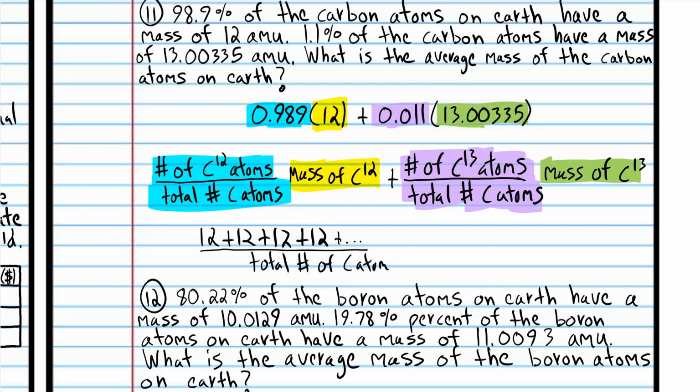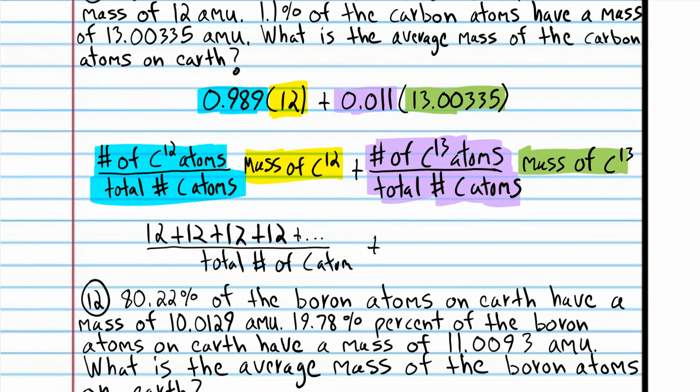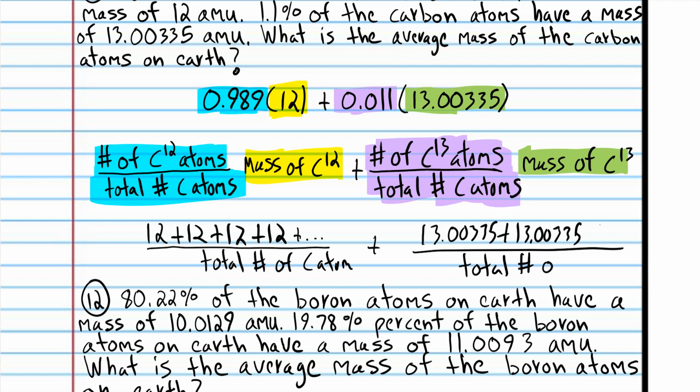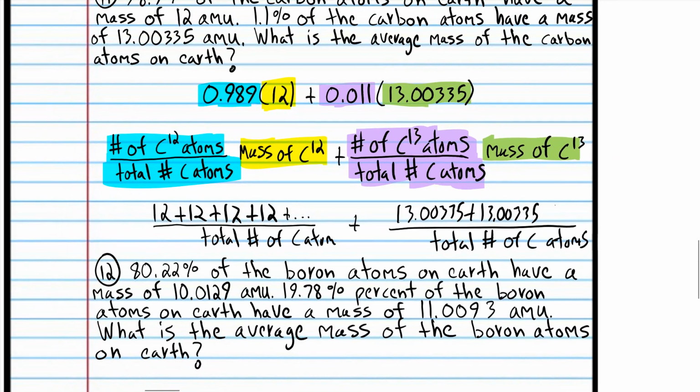And over here, we're doing the exact same thing. We're adding 13.00335, then adding it again, as many times as there are carbon-13 atoms. And we're dividing by the total number of carbon atoms on Earth.